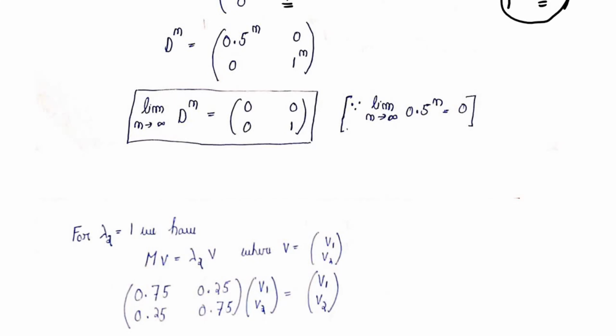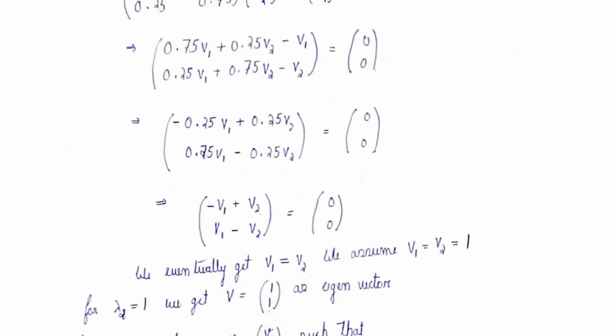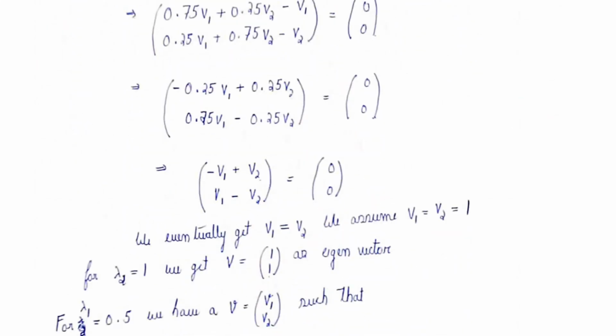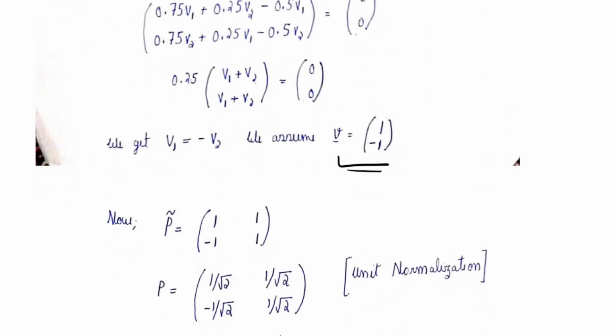We consider the first eigenvalue 1, and proceed with calculating the eigenvector, which comes out to be 1, 1. I'm not going into the details of how to calculate it because I assume it will be quite intuitive by now. For the second eigenvalue, I get the eigenvector as 1, minus 1. On clubbing these together, we get the P matrix as this.